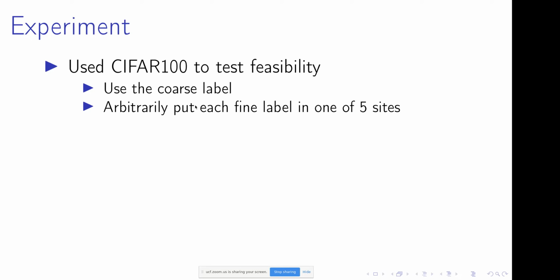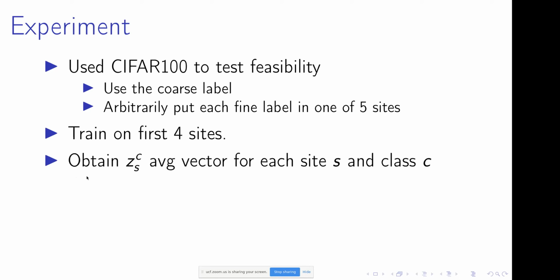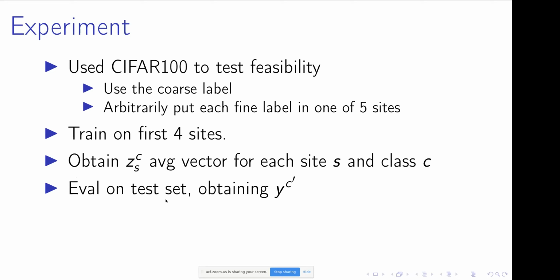And then I'll arbitrarily put each one of the fine labels into one of 5 sites. And I trained on the first 4 sites. And this gives me, for each site and each class, an average latent vector for each of those. And then finally, I evaluate on the final site, and I obtain just a feature embedding.